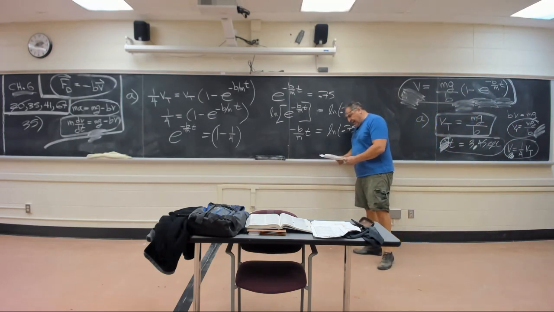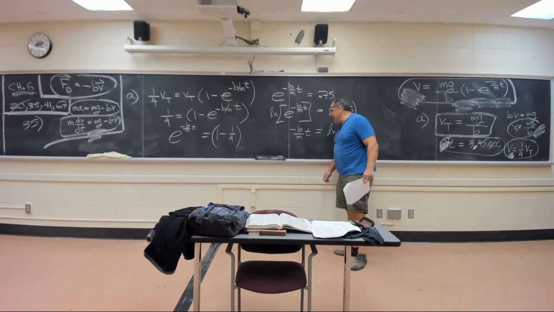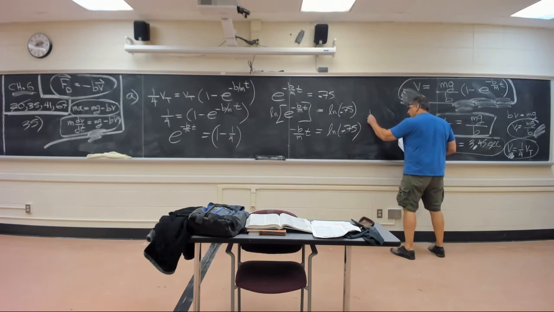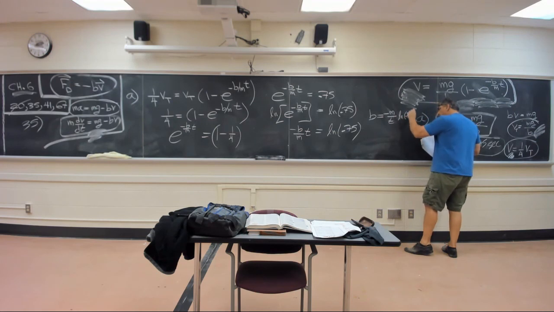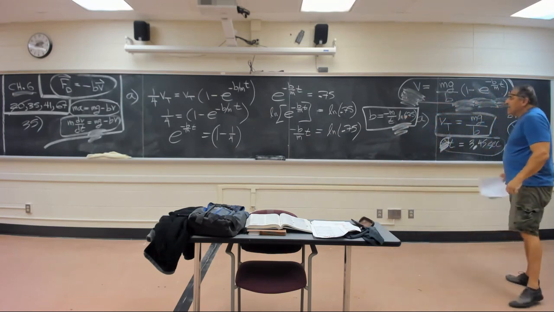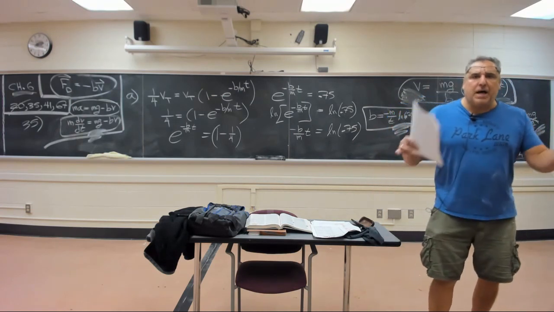At the end of the day, we're trying to solve for b. If you want to solve for b, why don't you multiply by a negative m over t on each side, and you end up getting b equals negative m over t times ln of 0.75. That's it.